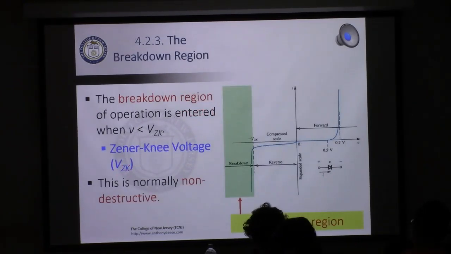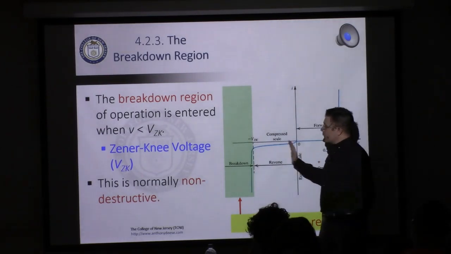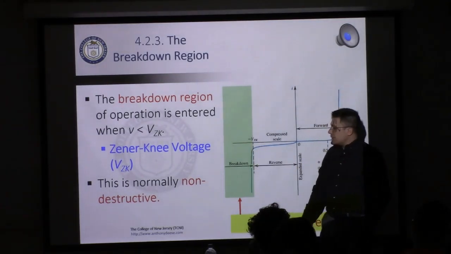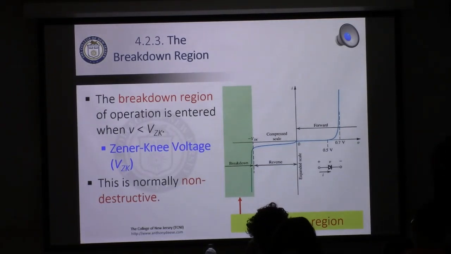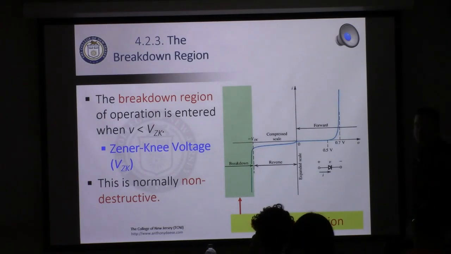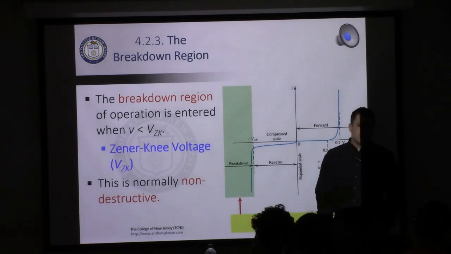All right, so the breakdown region. The breakdown region is when the reverse voltage across the diode exceeds this Zener knee voltage, and it begins to conduct current in the reverse direction pretty quickly. Normally this is non-destructive, and what that means, does anybody know what non-destructive means?